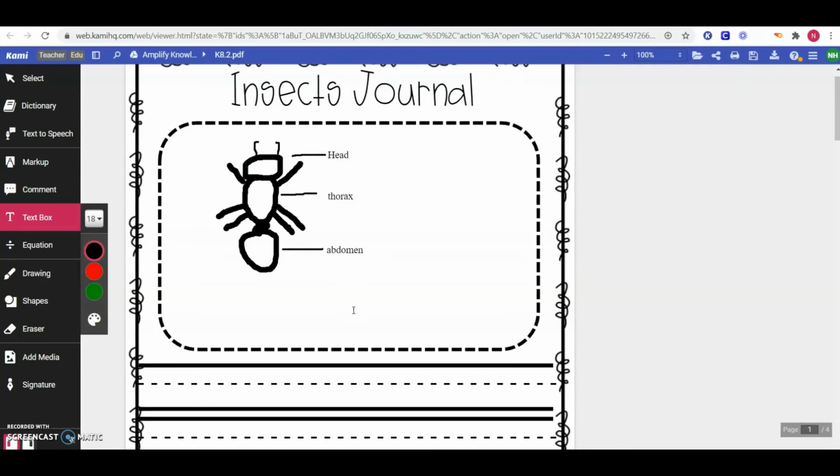And I know that all insects have 6 legs, and ants have 1, 2, 3, 4, 5, 6 legs. Give me 2 or 3 sentences about how you know or can prove that this animal is an insect.